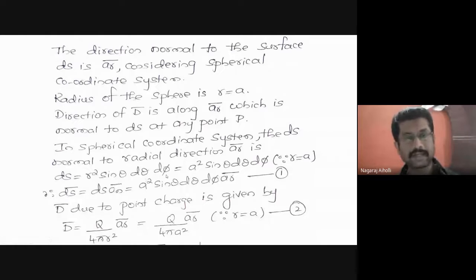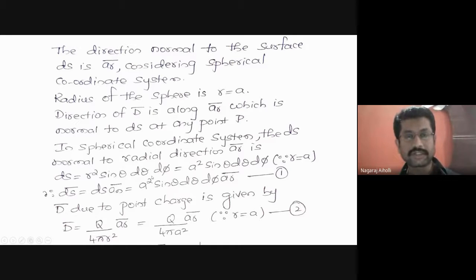We are not going to deal with that again, because we already dealt with it when we discussed the spherical coordinate system in detail. We are borrowing this equation from there. How did we get this equation? It is the area ds which is perpendicular to the radial direction ar bar, ds is equal to r square sine theta d theta d phi.